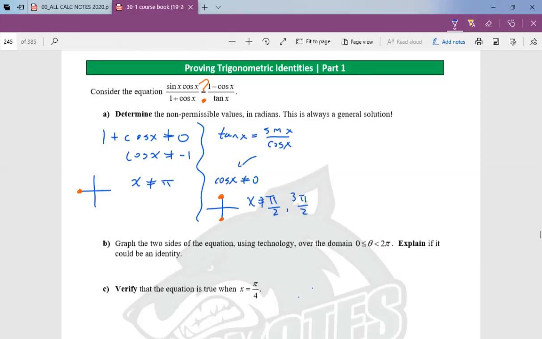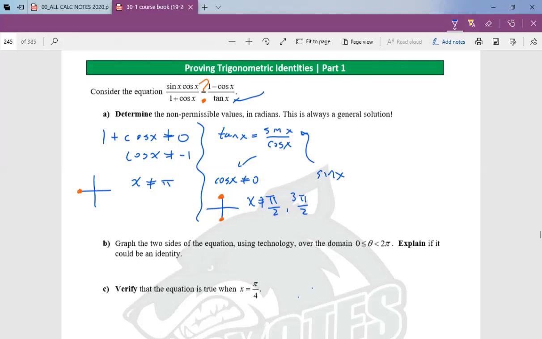That's part of it. The other part of it is this. If sine x is 0, that's going to make a tangent equal to 0, and then this denominator here is equal to 0. So we do have to consider that as well. In this case, because tangent's in the denominator, tangent can't be 0, nor can it be undefined.